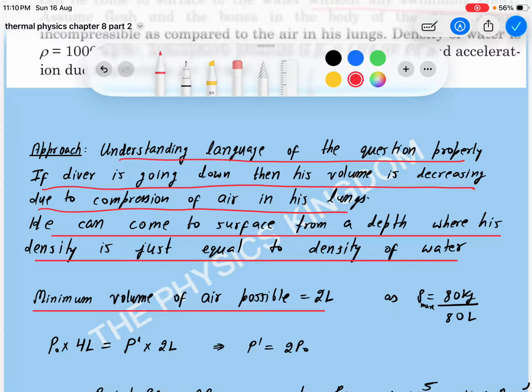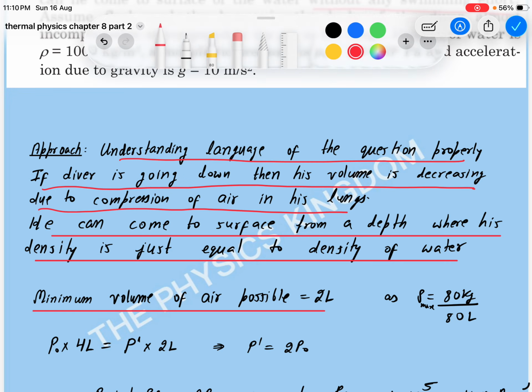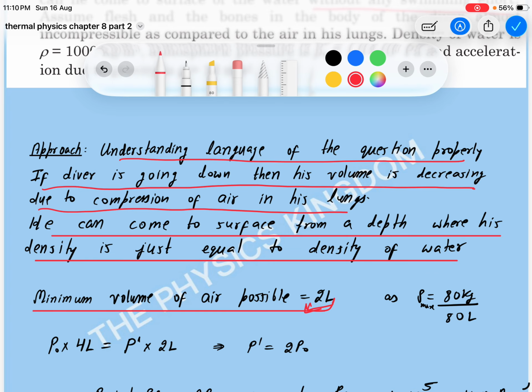So his own volume was 78 liter, so his minimum total volume is 80 liters. So how much volume can be decreased? 2 liter. Okay, because density maximum is this only, as I explained.